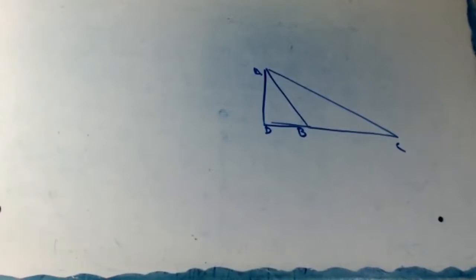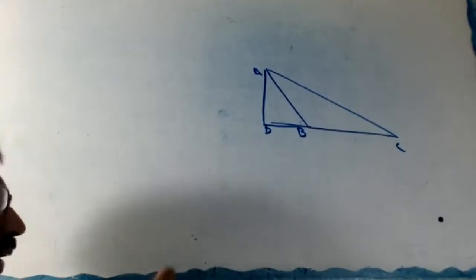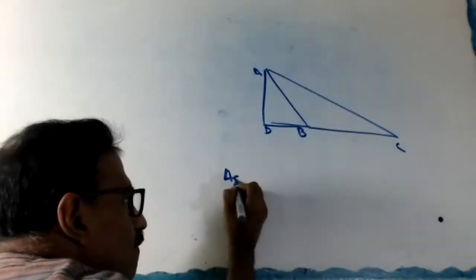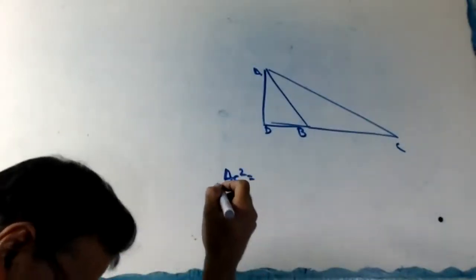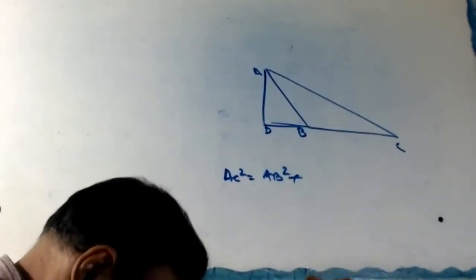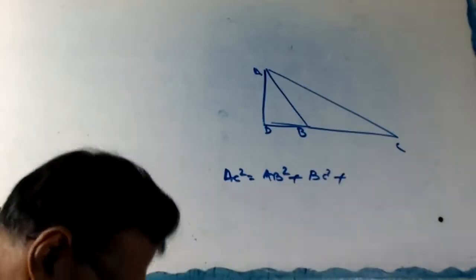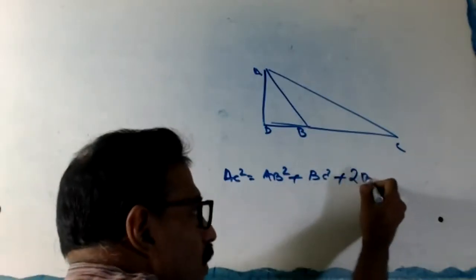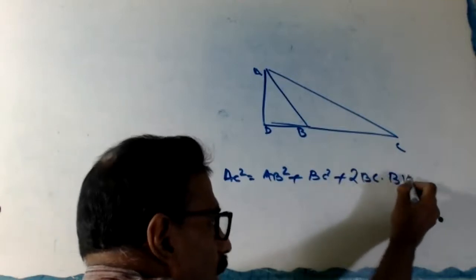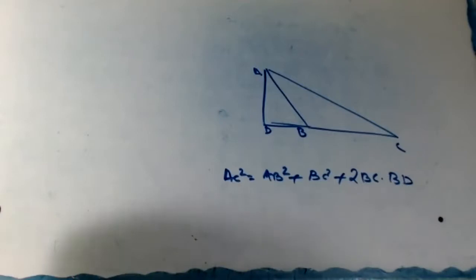Prove that AC square equal to AB square plus BC square plus 2BC into BD.